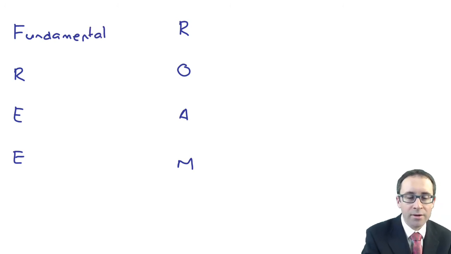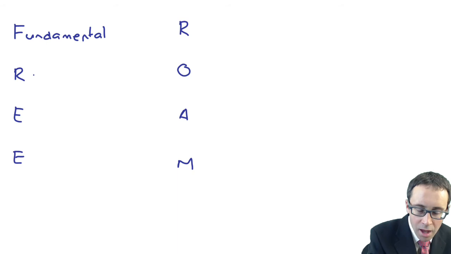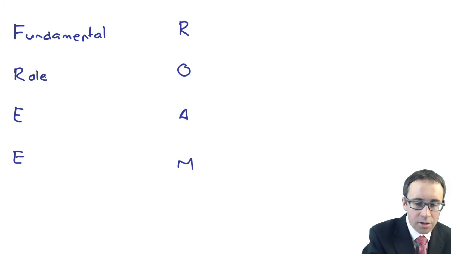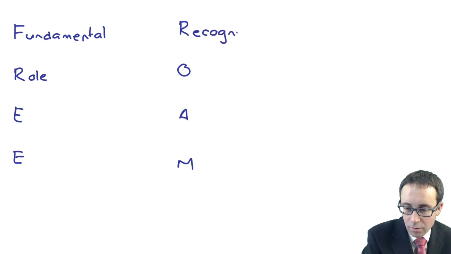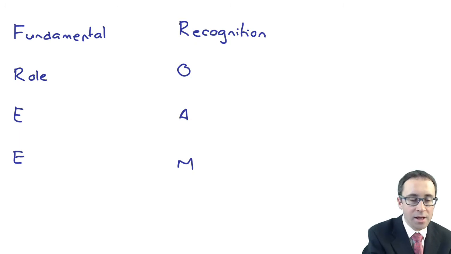It's up to you. F is thinking about your fundamental qualitative characteristics. The R is the role. The other R is recognition, isn't it?